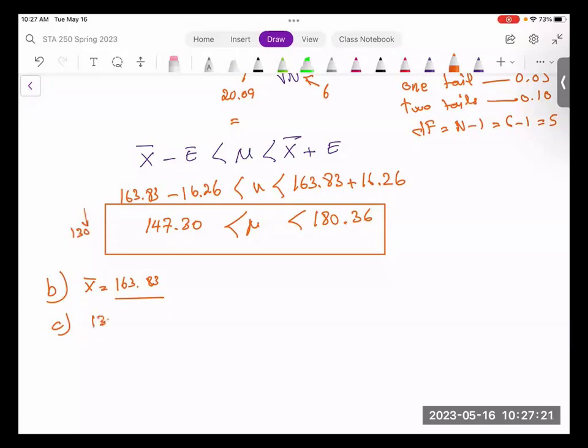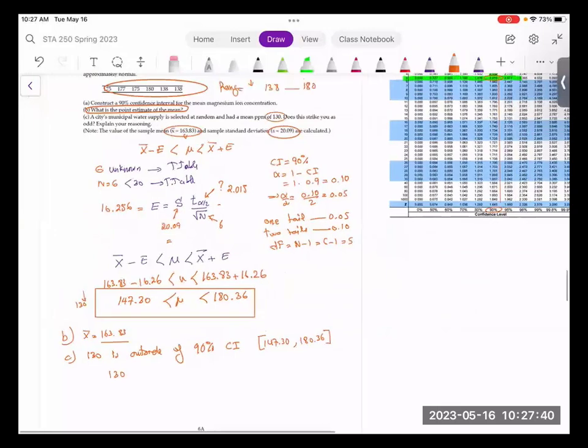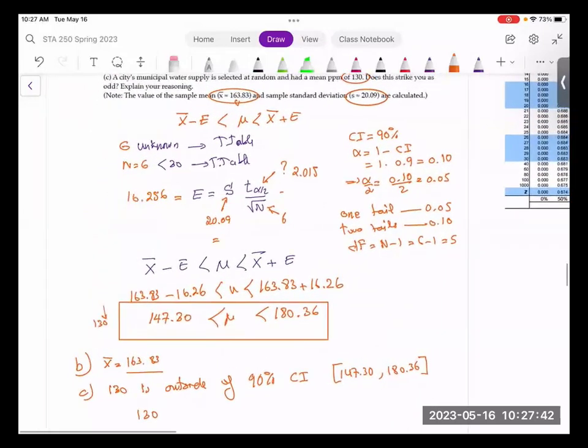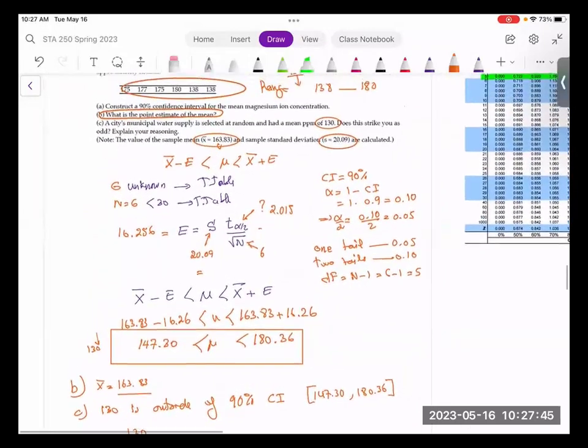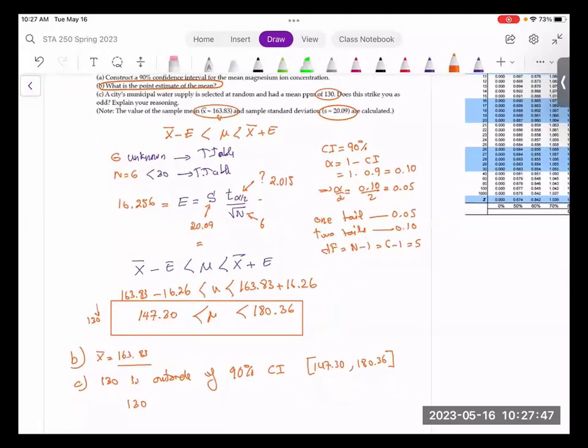So 130 is outside of the 90 percent confidence interval, which starts from 147.30 and ends at 180.36. So yes, 130 is odd. The likelihood for 130 to happen is very low. And you are set.